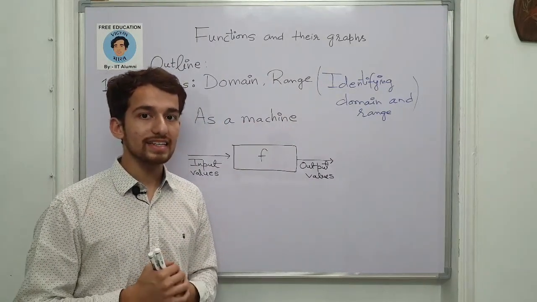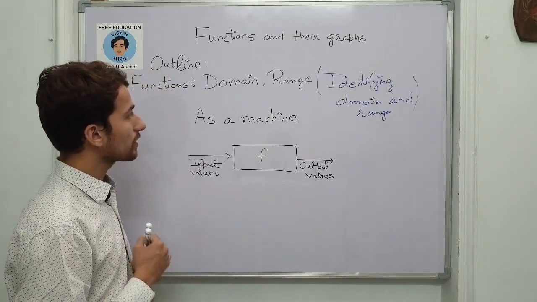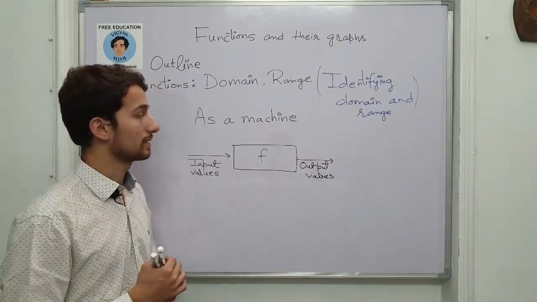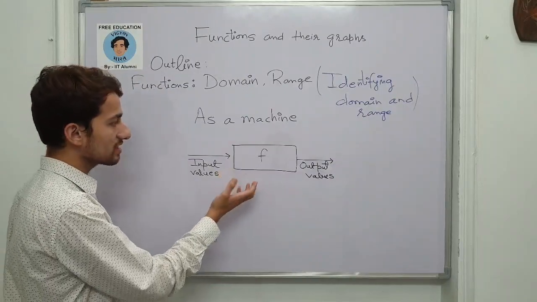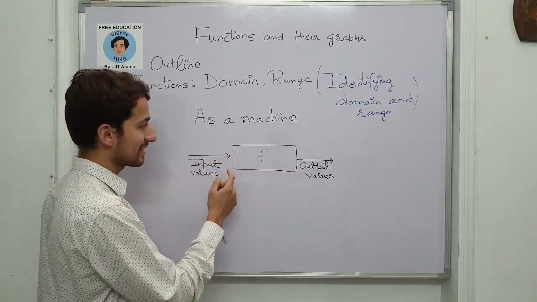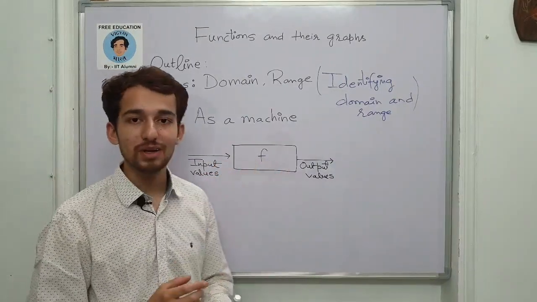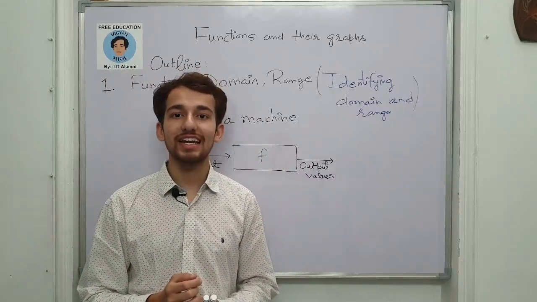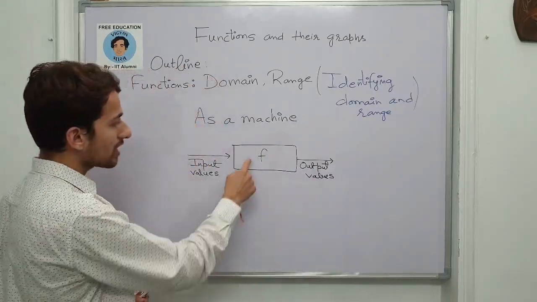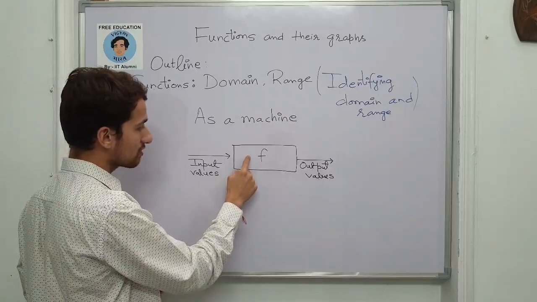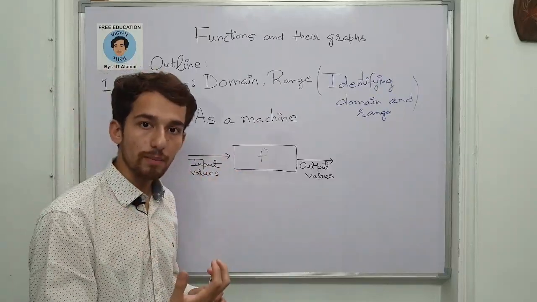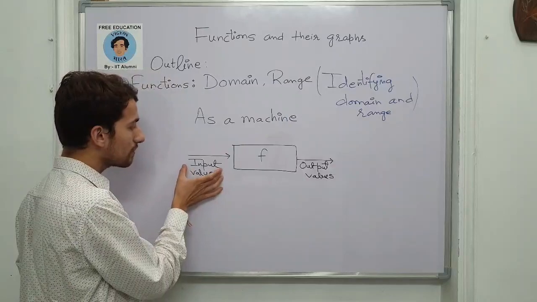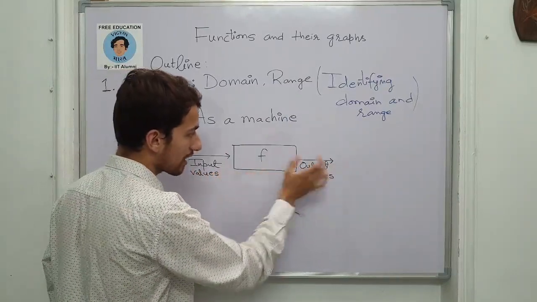Now let's try to understand what a function is as a machine. In this pictorial representation, this small f, which is the symbol we use while defining a function, is a tool which will help us transform input values to output values.